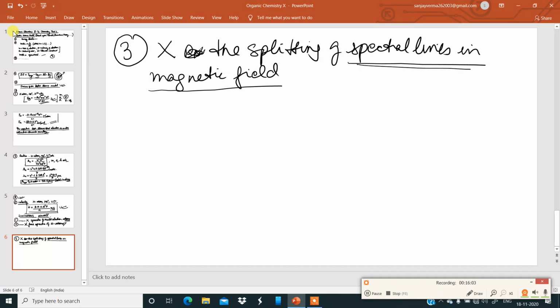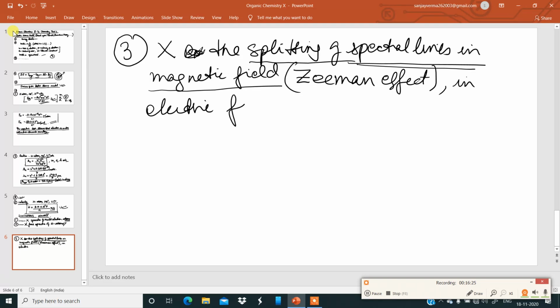This splitting of spectral lines in a magnetic field has been named after Zeeman. It is called the Zeeman effect. Also, the splitting of spectral lines in an electric field could not be explained by this theory, and it is called the Stark effect.